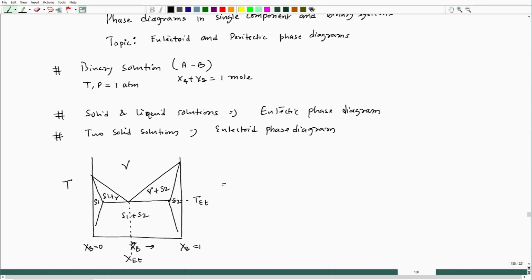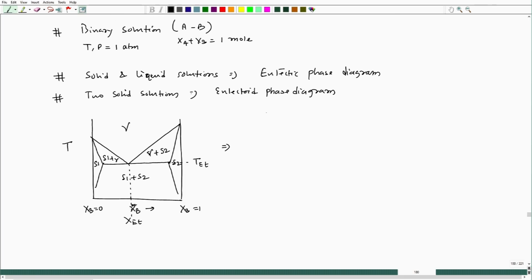So, corresponding free energy composition diagram at any temperature, let us say I am taking this temperature, this is T1, let us say. At T1, what will be the free energy composition diagram? This is G, this is X B, X B equal to 1, X B equal to 0.